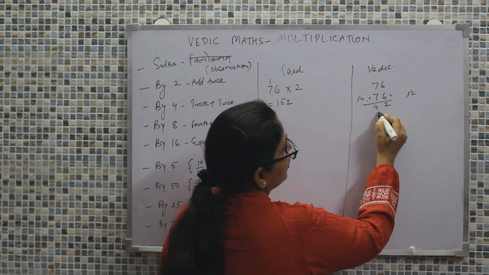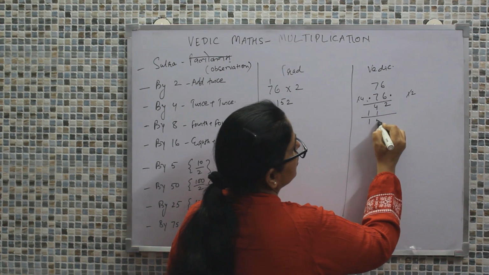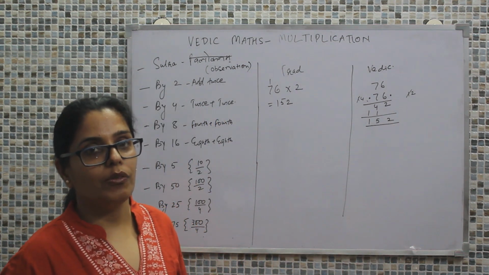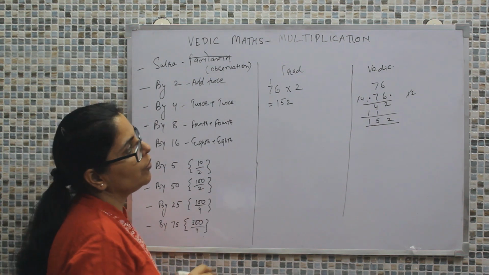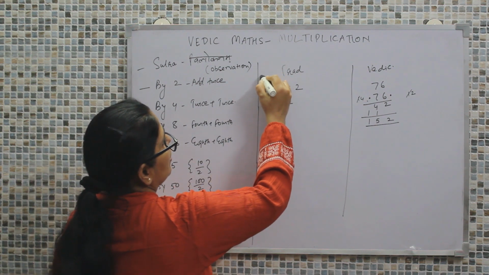This is the carry which has to be proceeded over here. So the answer is going to come to 152. It means we don't need to multiply, we just need to push for the addition. So that was when we need to multiply a number by 2. That was the first case.